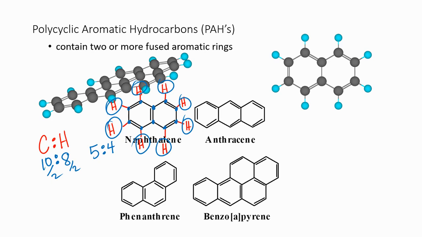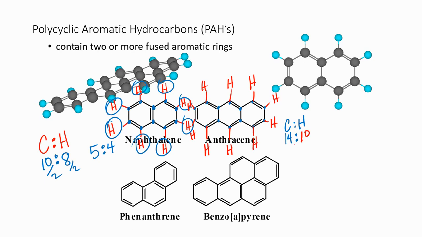We can check anthracene's ratio. And so we'd go, okay, 1, 2, 3, 4, 5, 6, 7, 8, 9, 10, 11, 12, 13, 14 carbons. And then we can check how many hydrogens it has: 1, 2, 3, 4, 5, 6, 7, 8, 9, 10.